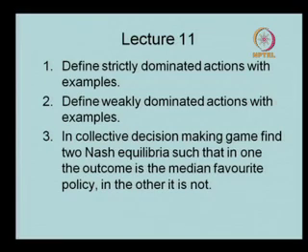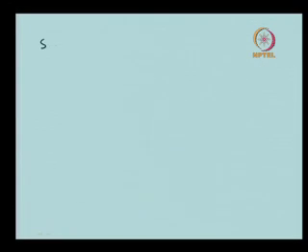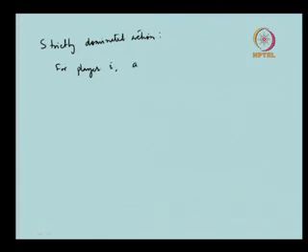Define strictly dominated actions with examples. Strictly dominated action for player i: a_i dash is strictly dominated by another action a_i double dash if the following condition is satisfied.